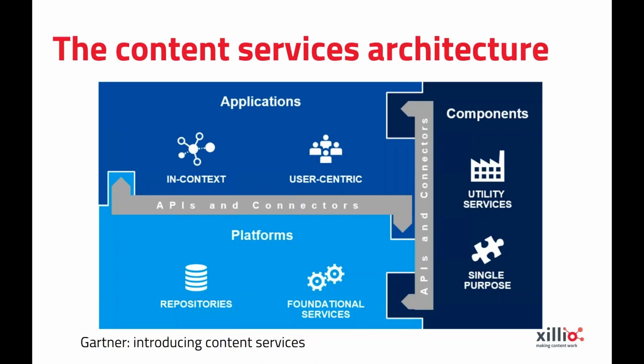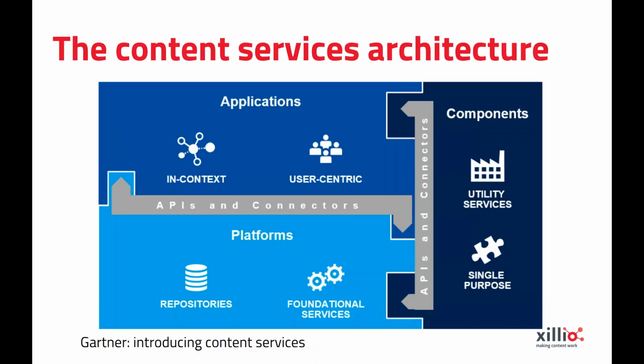So you have the applications pane and the platforms. You can see that as, for instance, an old FileNet repository. You can really see it as a platform where there are some foundational services such as retention management or even versioning. And you have a components pane, which you can see as microservices that can be incorporated within the application that you create for your user process or your business process.